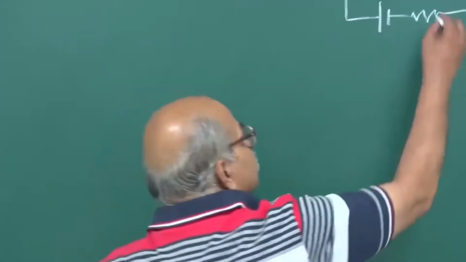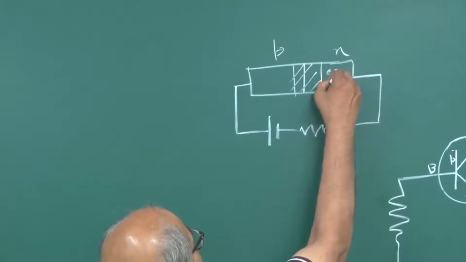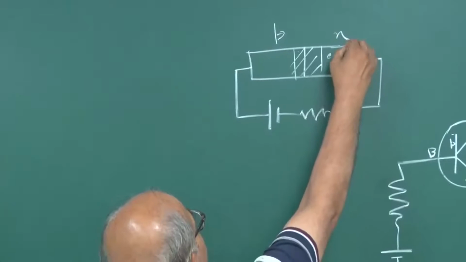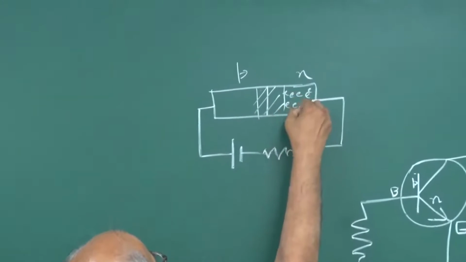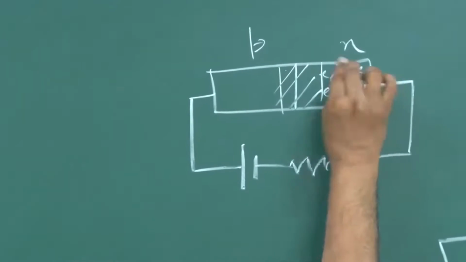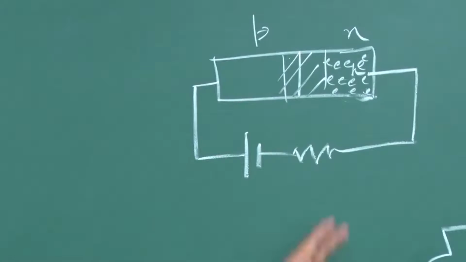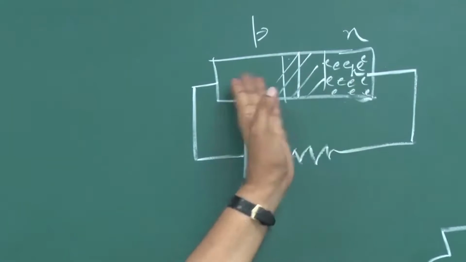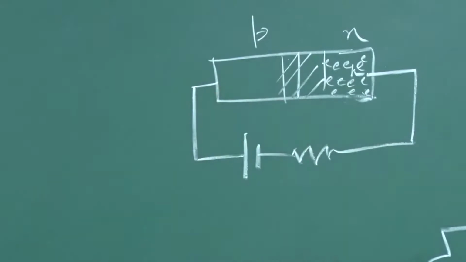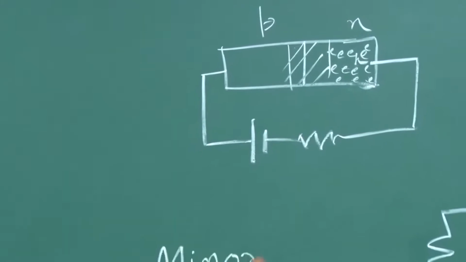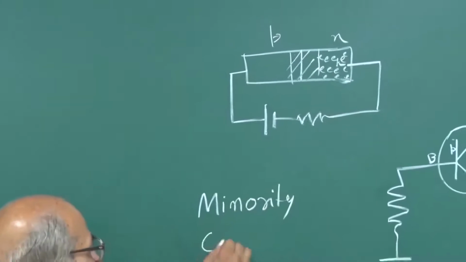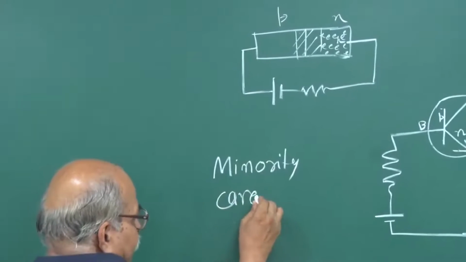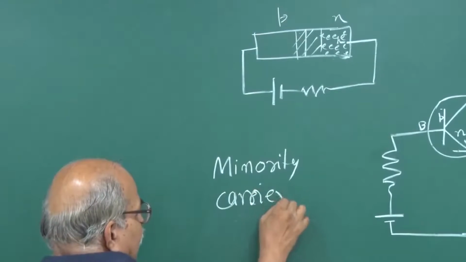Okay? So, if you have a large number of conduction electrons here, small number of holes, the majority carriers, once that barrier is reduced, they diffuse to this side, which we call, remember, minority carrier injection.